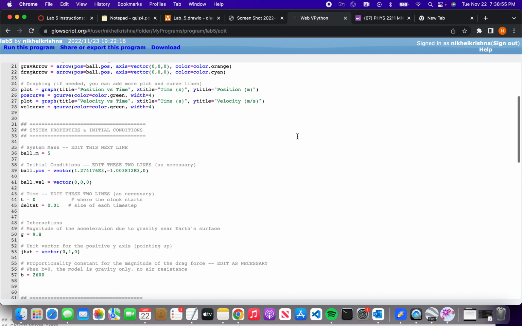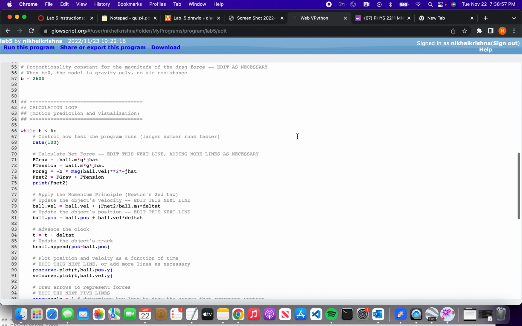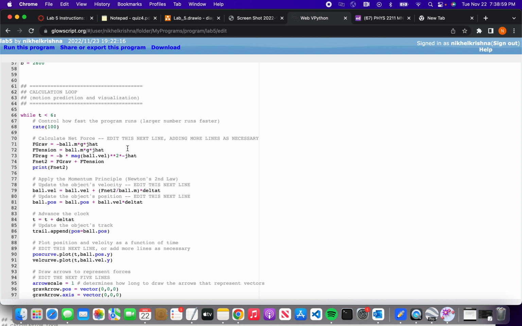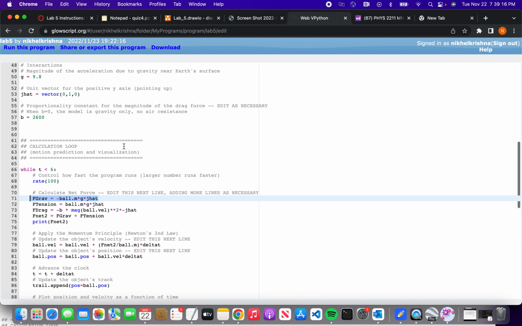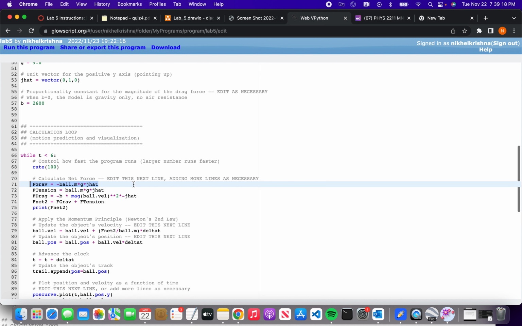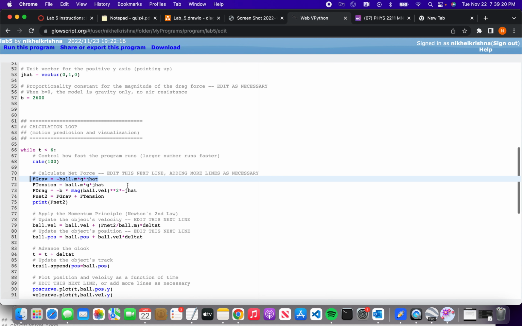Going into our code, we have our constants set, and in our first while loop, which analyzes the motion of the slinky when the bottom is stationary, we have our gravity force equal to negative mg, and our tension force equal to the reverse of it.